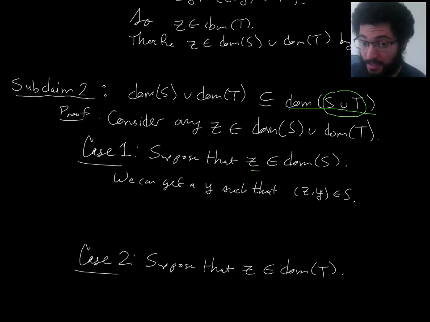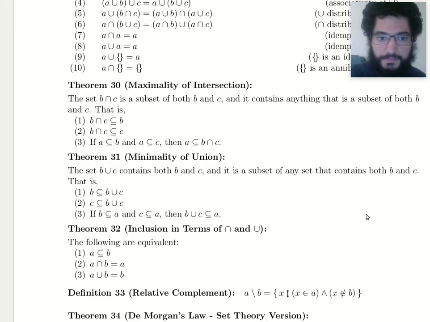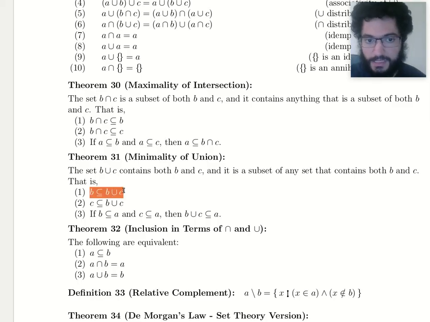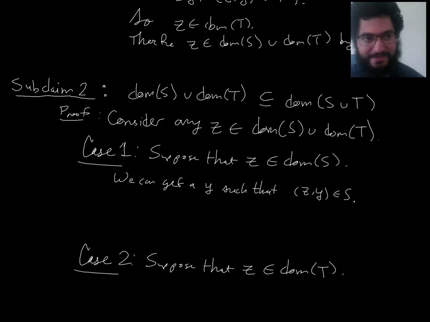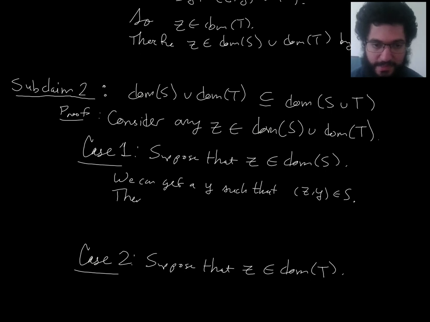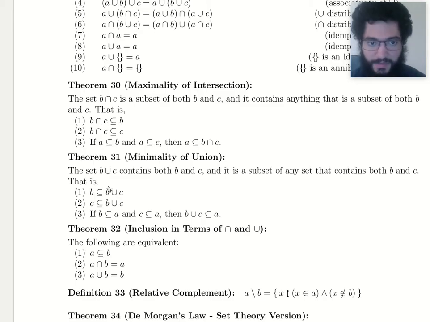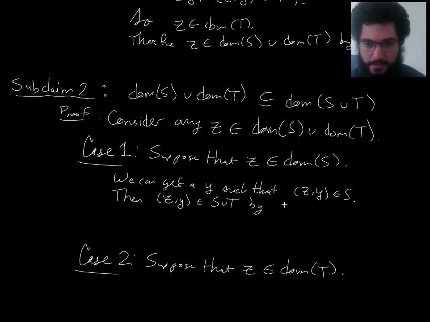Well, I have something such that z comma that something is in S. And S is a subset of S union T, again thanks to this idea about unions. So I'm already almost there. The correct next thing to say is then this is in S union T by the theorem that says that S is a subset of S union T, so 31.1.